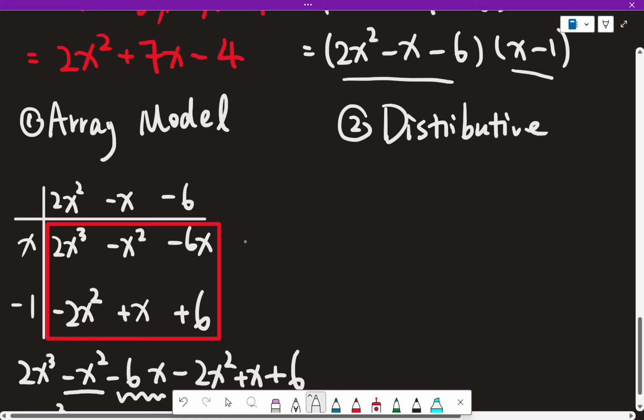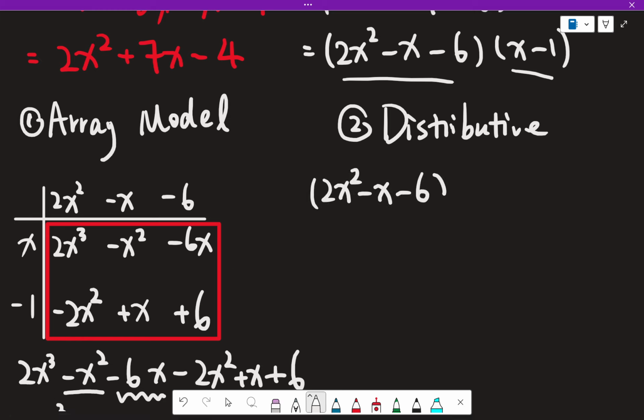Okay, so let me copy this down. So by using distributive property, we want to distribute each of the terms one by one.